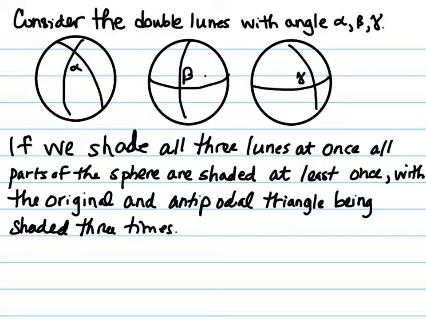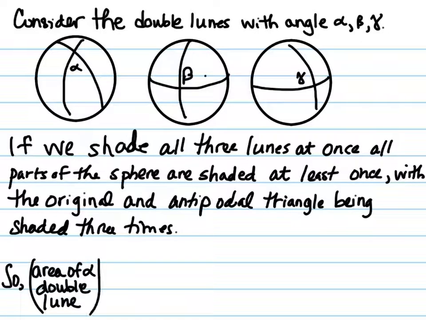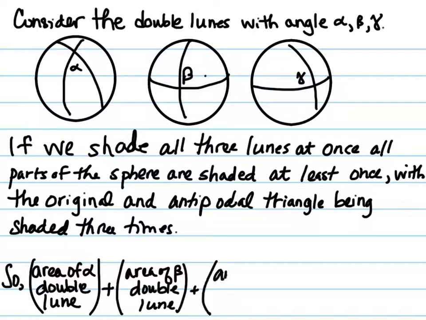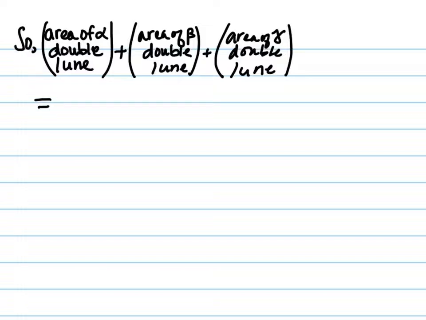So check this out. The area of the alpha double lune plus the area of the beta double lune plus the area of the gamma double lune is going to equal the area of the entire sphere.